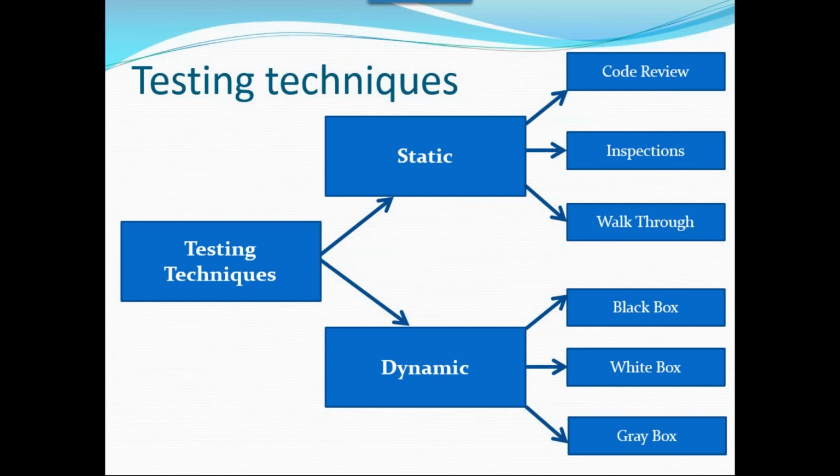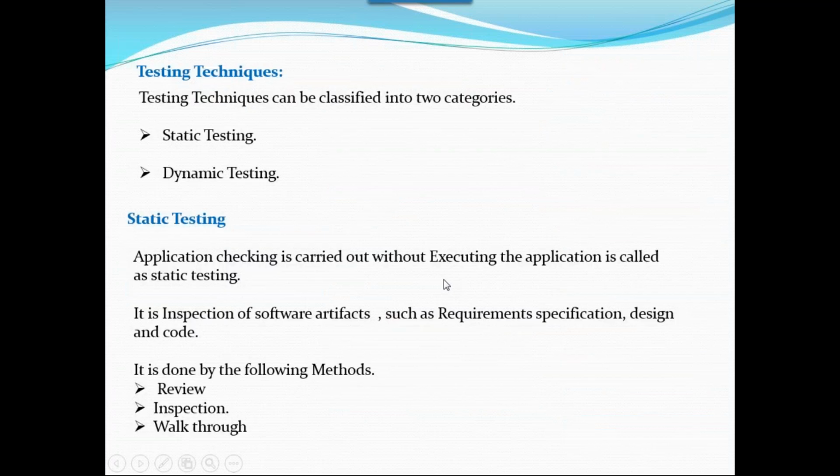And what about the dynamic technique? The dynamic technique is with execution, like black box testing, white box testing, and gray box testing. All of that comes under dynamic testing techniques. So in real time we use static and dynamic, both the verification part and the validation part. We will use both.